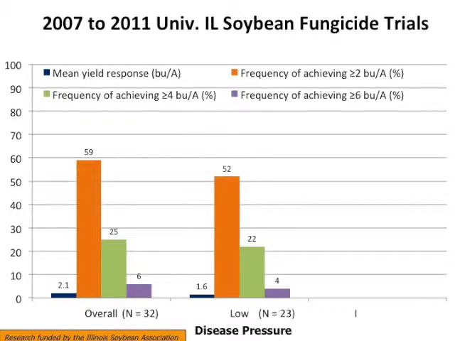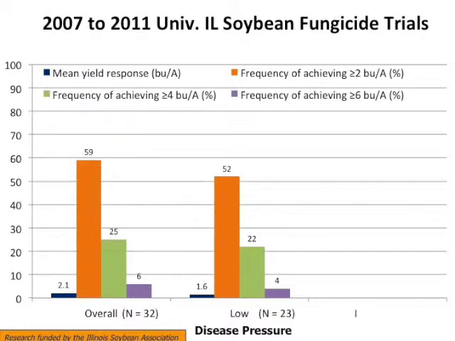Looking at, again, different disease pressures, in 23 of those 32 environments, we had moderately low disease pressure, where less than 10% of the leaf area in the upper third of the canopy was affected by diseases. In this case, our yield went down a little bit. It went down to 1.6 bushels an acre, not a whole lot, but a little bit.